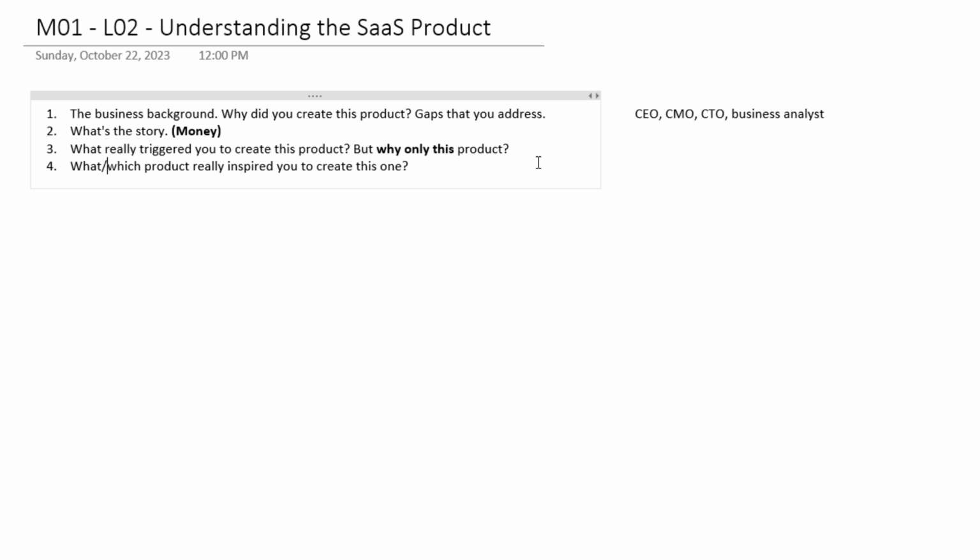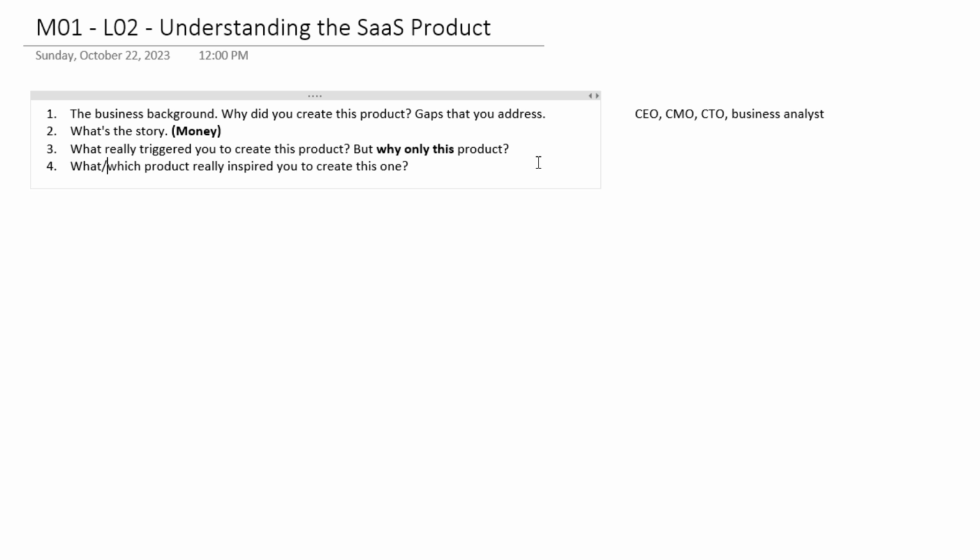For example, many people are really fond of Google products and they want to build something like that. Or some people are really fond of HubSpot or some different products in the market, and they really want to make something like that, and they want to prove their excellence. That could be something that can be made into a story.